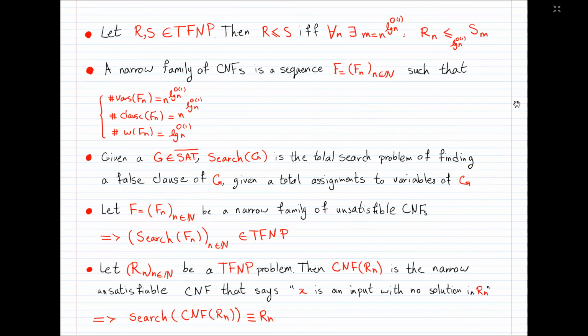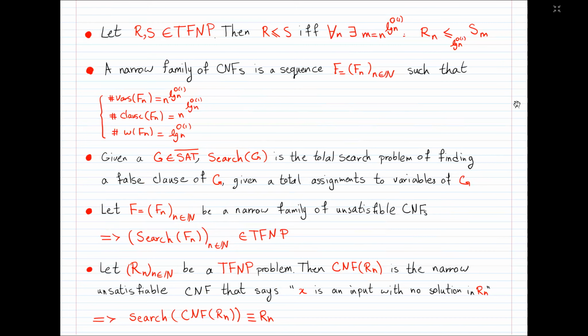Now, if R and S are two TFNP problems, then R can be reduced to S if R_n can be reduced to S_m, in which m is quasi-polynomial in n, in polylogarithmic depth. Now, to relate proof systems to TFNP classes, we need the following definition.